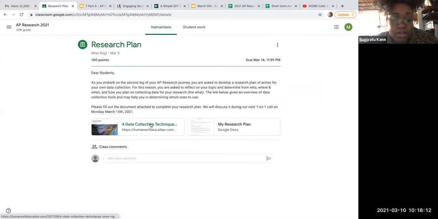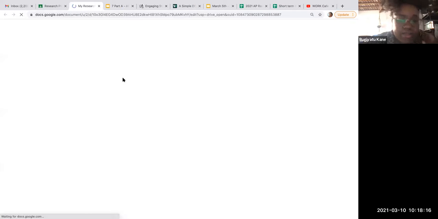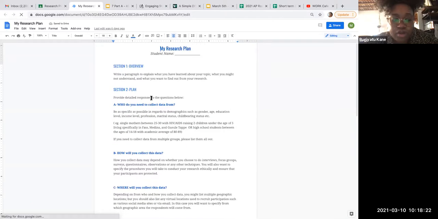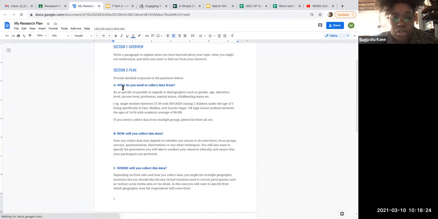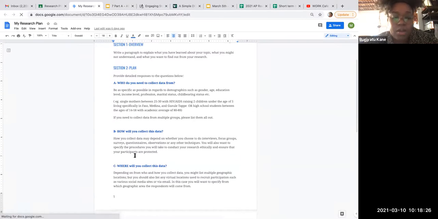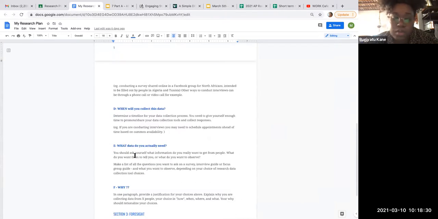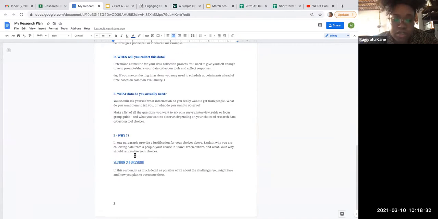I have added a link here on different data collection techniques that you can look at, and it'll explain some of these pretty well. So there are 3 sections: an overview of what you've learned; details about who you need to collect data from, how you will collect this data, where you will get this data, when you will get this data, what you need, and why; and then what are perhaps some challenges you think you might face.